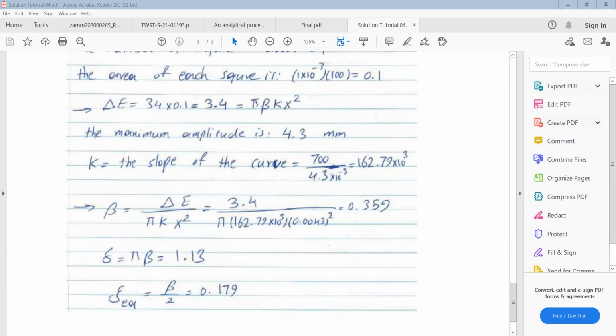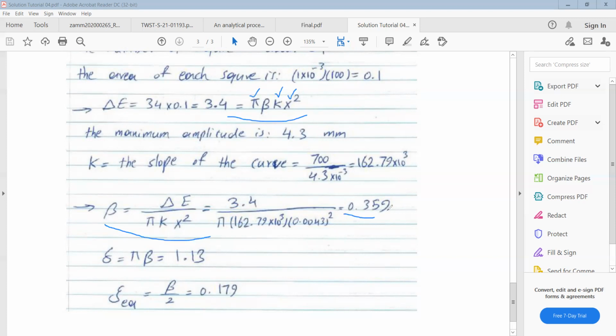And now you can calculate the beta from the first equation. Because we have pi as 3.14, we have k, and also we have the amplitude of the response, we can easily calculate the beta from this equation.